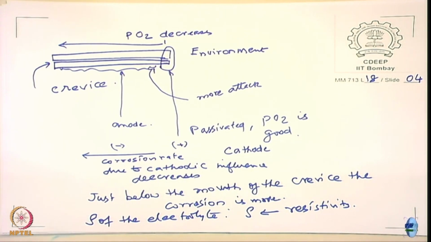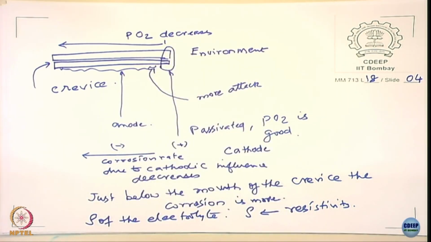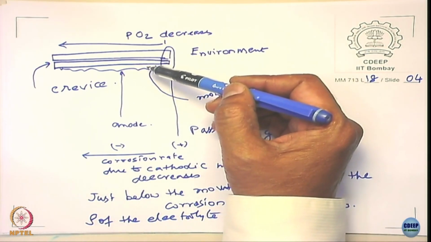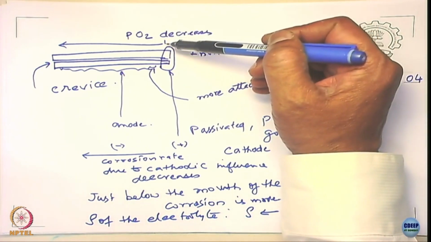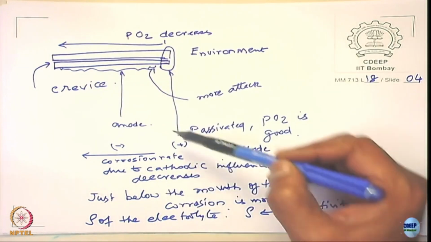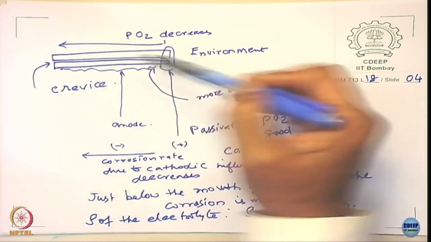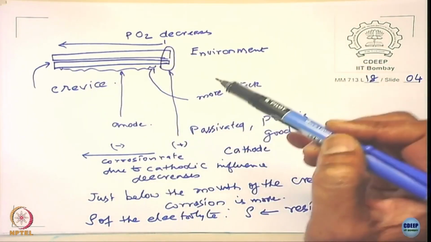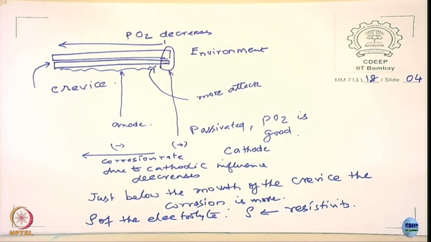If the resistivity is too high, the attack is confined to the mouth, actually. So essentially it depends upon the resistivity of the electrolyte as well. So to put it in simple terms, the oxygen concentration decreases from the mouth to the interior, and the galvanic interaction between the cathode and the anode decreases from here to this. So there are two opposing factors, and somewhere in between maximum crevice corrosion occurs. So this is an important one, okay.